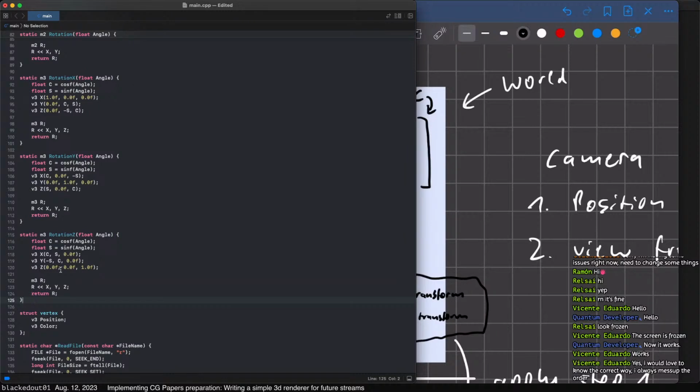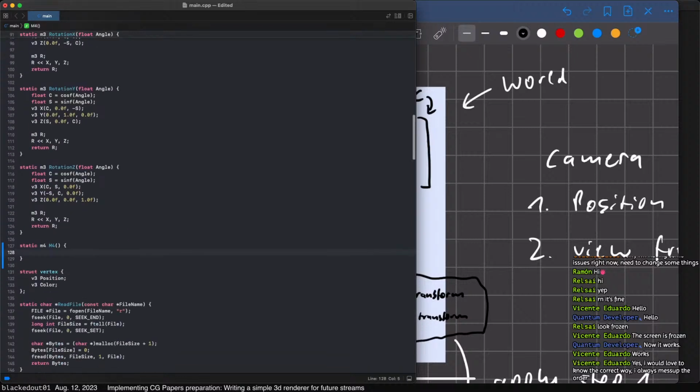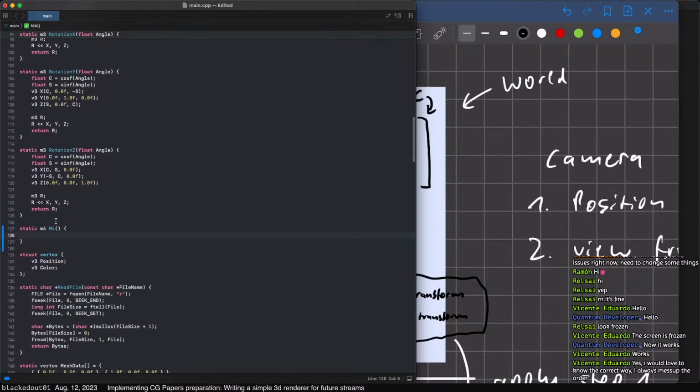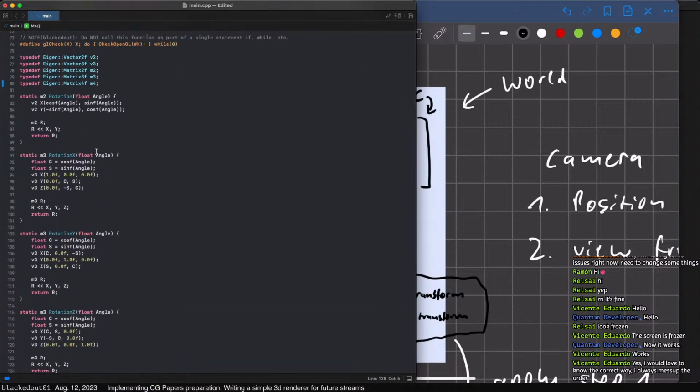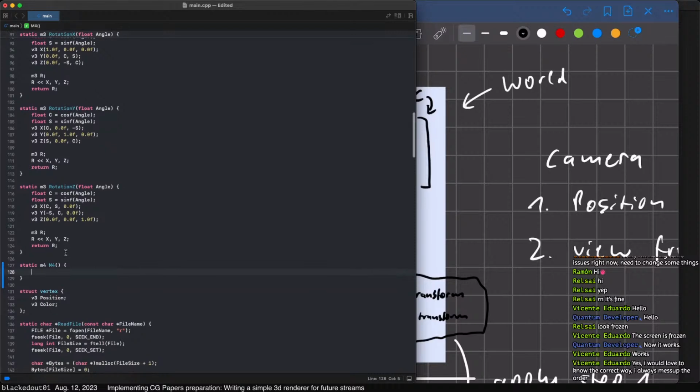Let's see, I want to think about how I want to name these. So I want to write a function that converts a 3x3 matrix to a 4x4 matrix.